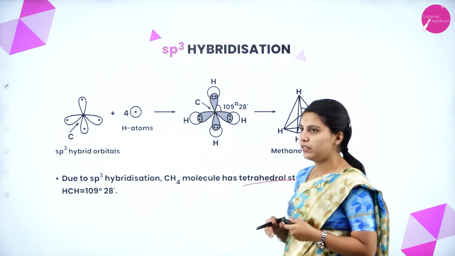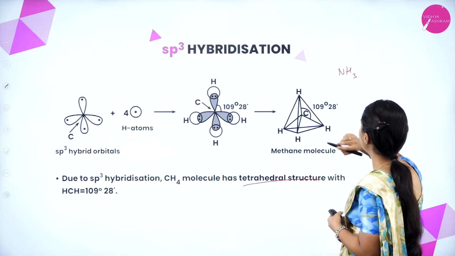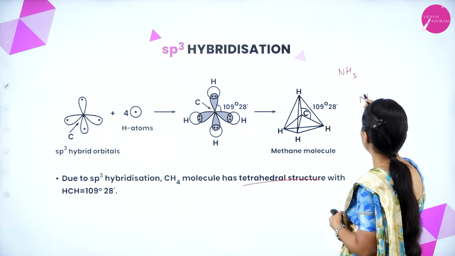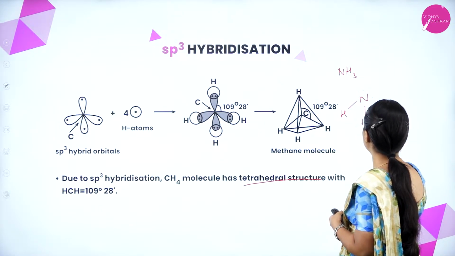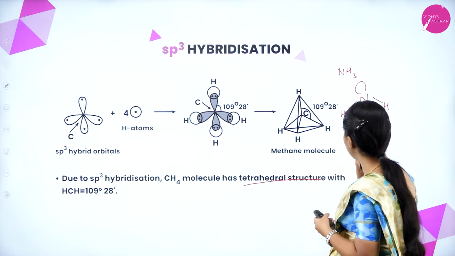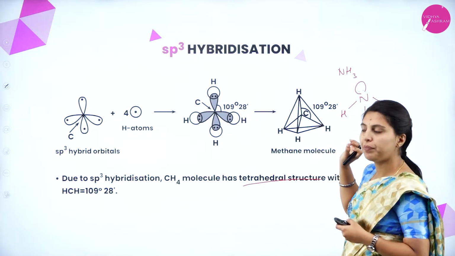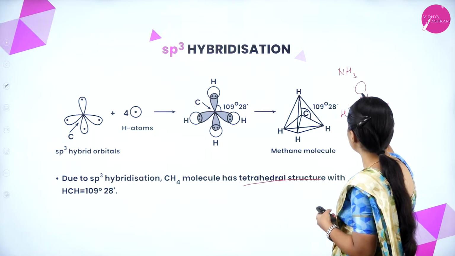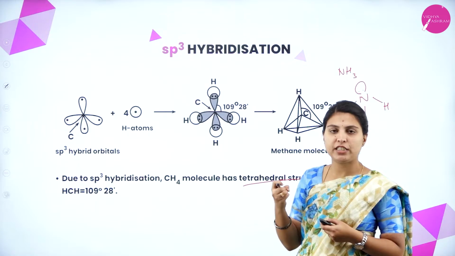Another one you can see here, ammonia, NH3. Nitrogen has an overall valency of 5. This is 1 lone pair of electrons. Usually it should form a regular tetrahedron itself, but due to the lone pair of electrons present, repulsion will take place.